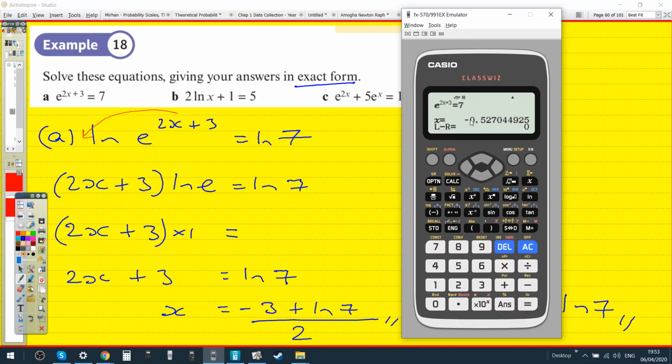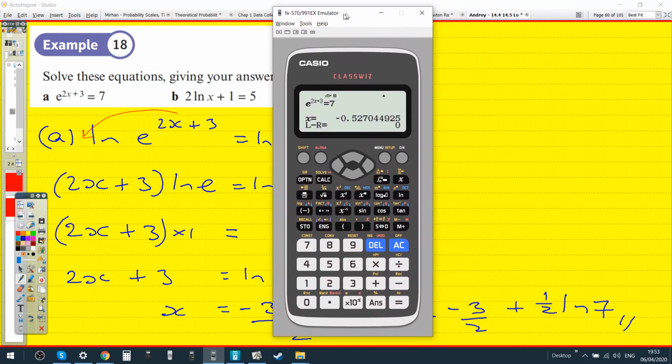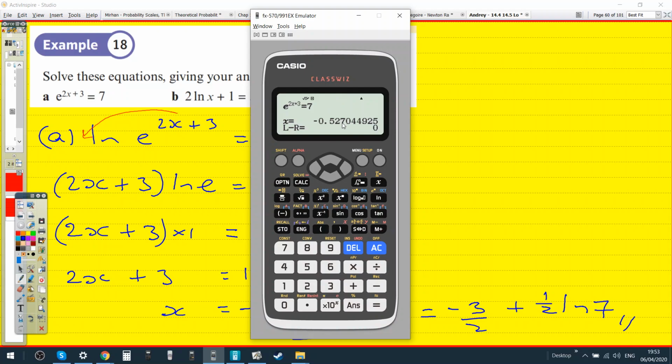So this is what it is. This isn't an exact answer though. This is an approximate answer. It's got 1, 2, 3, 4, 5, 6, 7, 8, 9. So to 9 decimal places. So it's pretty close, but it's not like if I needed it to 20 decimal places, you know.